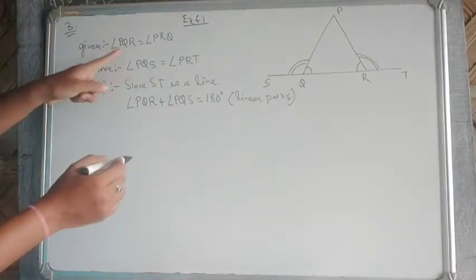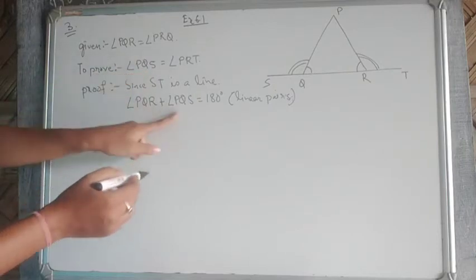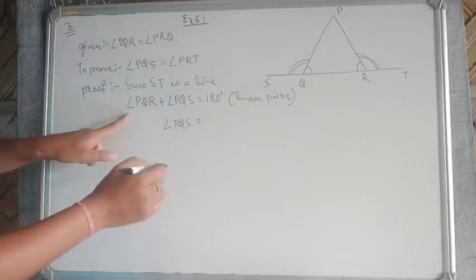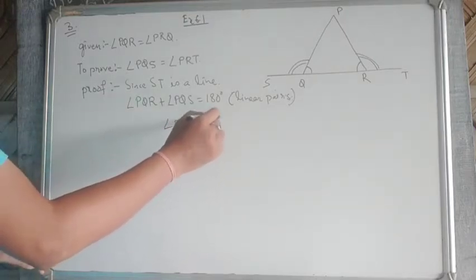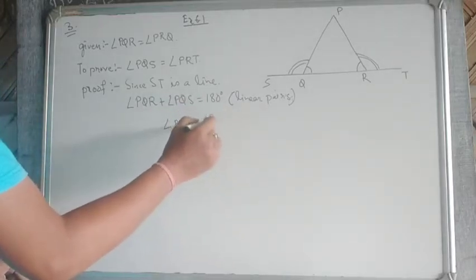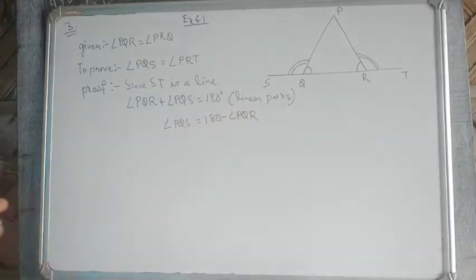Now from here, because we have to prove PQS, I'll keep angle PQS this side, and angle PQR I'll move that side. So angle PQS is 180 minus angle PQR. So this is your first part.